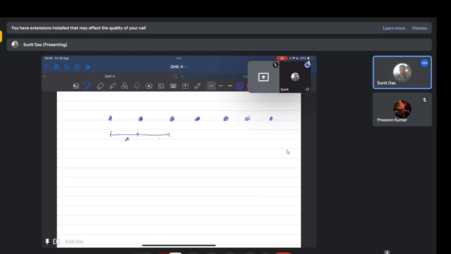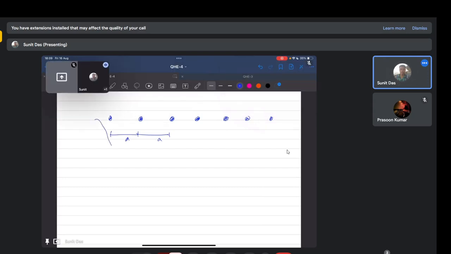These are periodically arranged atoms, where the periodicity is given by a, and around each atom there is a potential, basically a Coulomb potential, which at the atom diverges because V is proportional to 1 by r, that is, q by 4 pi epsilon naught r.